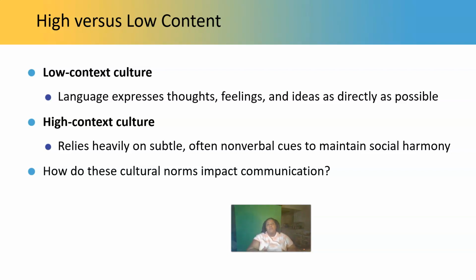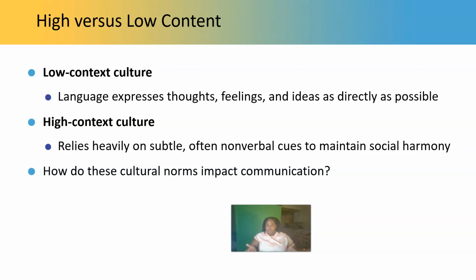These cultures rely more on nonverbal cues, more prescribed or traditional messaging than low context cultures. Maintaining social harmony is paramount to these cultures. Because of that, being blunt or even showing displeasure directly might not be looked at as favorably as in low context cultures.